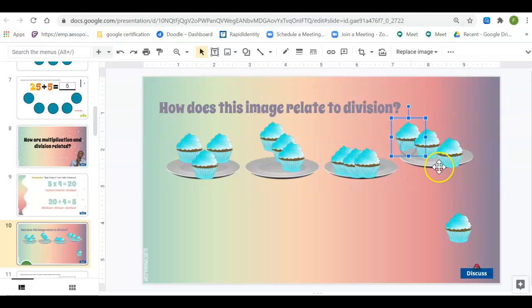So if you look right here, I've got 1 left over. Okay, so if I move this and put it on either one of these plates, that means the plates are now uneven. There's going to be one of them that's different from the rest, and that's not what I want. So when we talk about a division problem, and the division problem here is 13 divided by 4, there's 1 left over that doesn't fit or can't go onto a plate. This one's called a remainder.